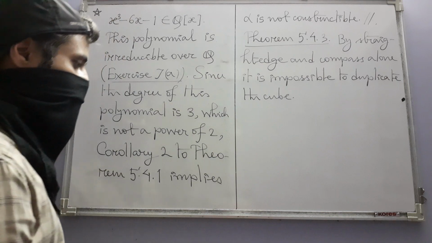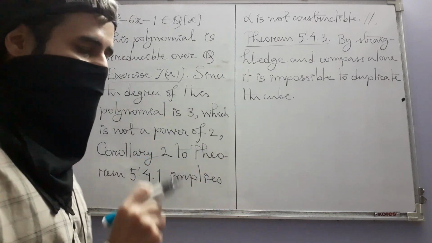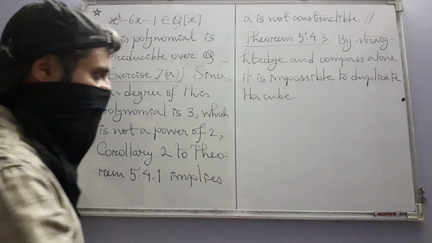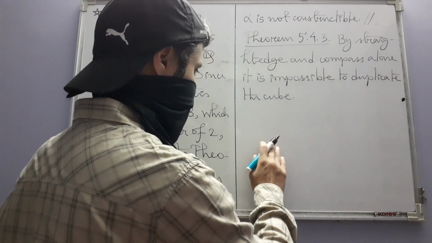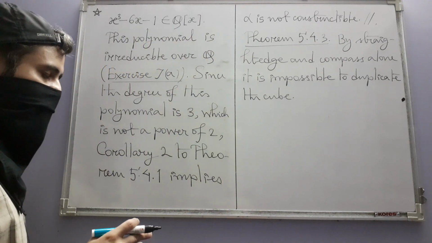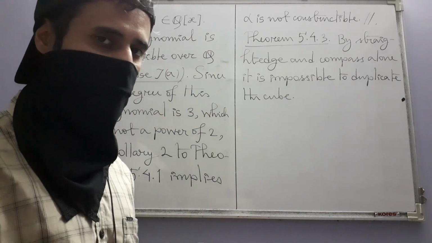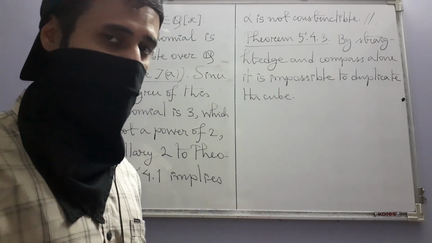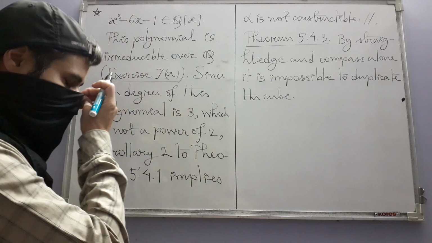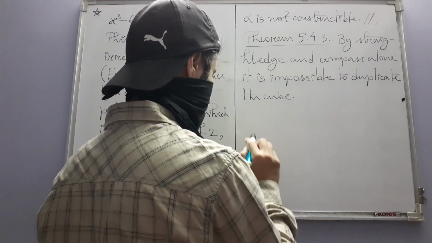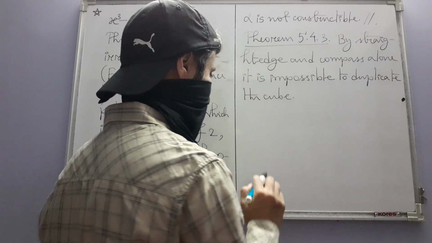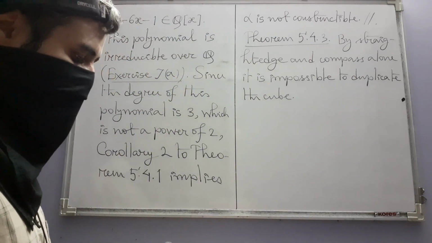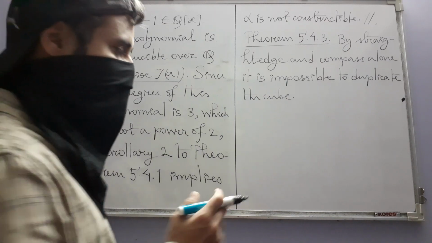Duplicating the cube means if you are given a cube of some side length, cube meaning that 3D figure, then using only straightedge and compass, you cannot create another cube whose volume is precisely twice the volume of the original cube. Now, if your original cube has side length x, say, well, in this case, the author has considered side length 1, it's equivalent, you will see why.